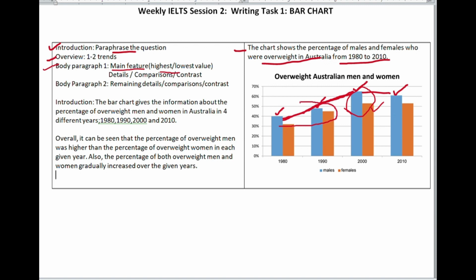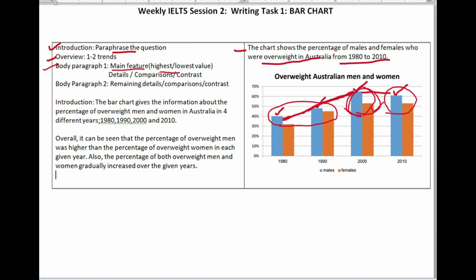In first 2 years it is lower, and in the last year 2010 the percentage of men is slightly lower while the percentage of women is almost same. So 2000 is the striking feature because it has the highest value for both.